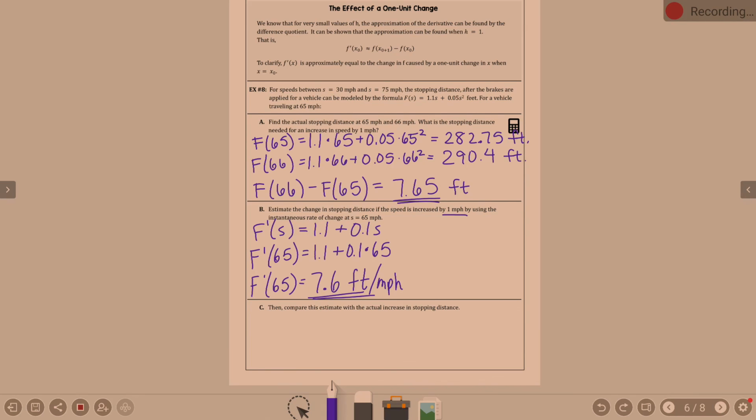So, okay, when we compare these, okay, wait a minute, I'm confusing myself. Compare this estimate with the actual increase in stopping distance. I'm not doing what I thought I'm doing.